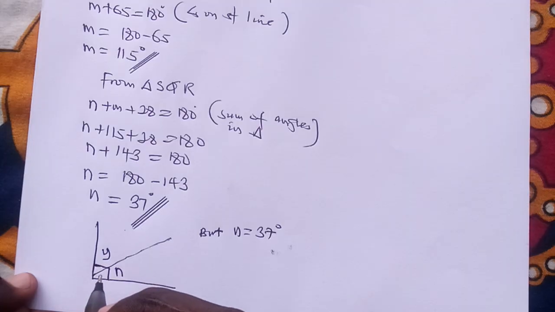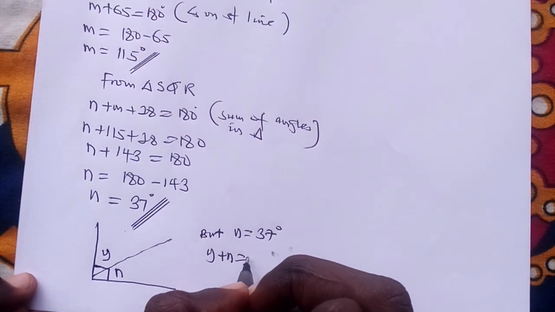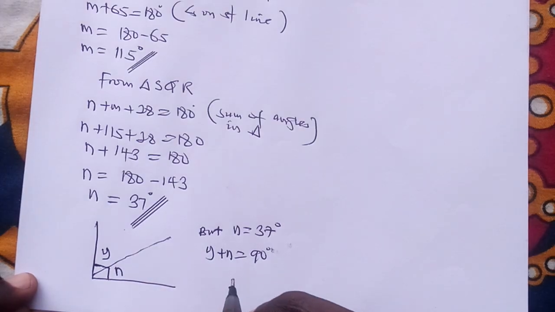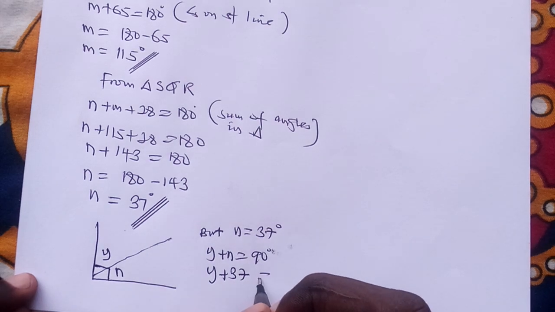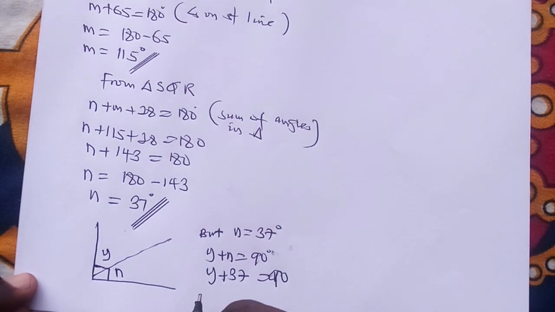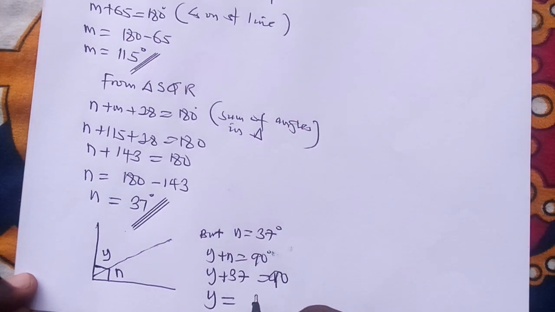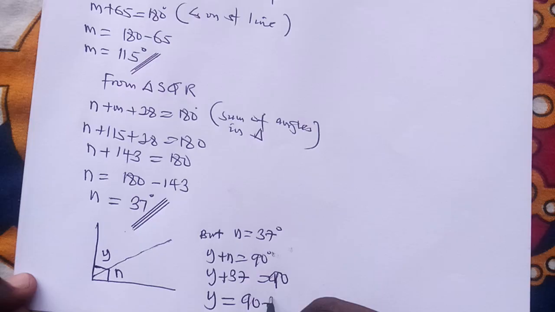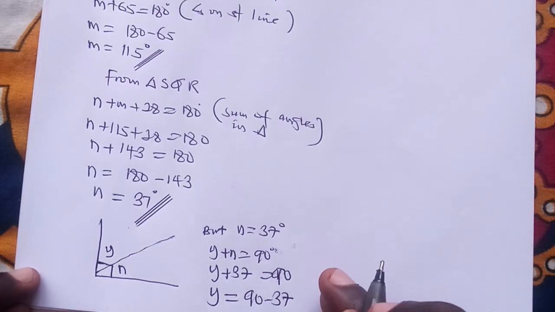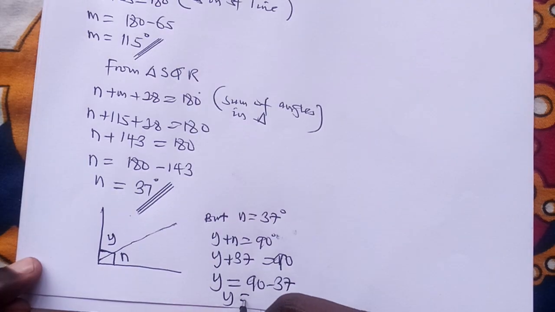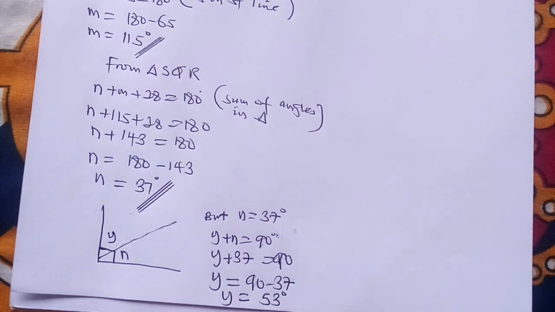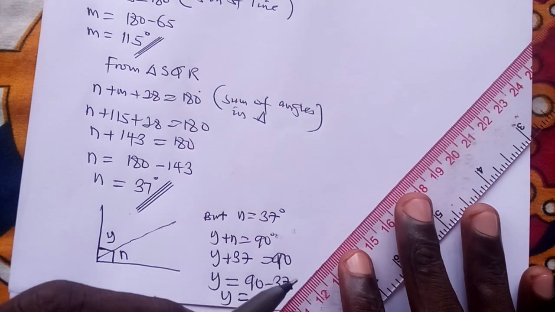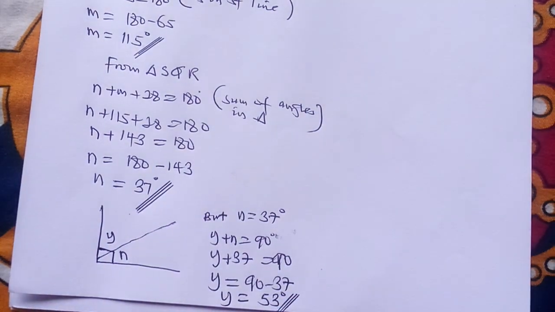So y plus n becomes 90. Then y plus 37 equals 90 degrees. The value of y becomes 90 minus 37, which is 53 degrees. So the value of y is 53 degrees from this problem.